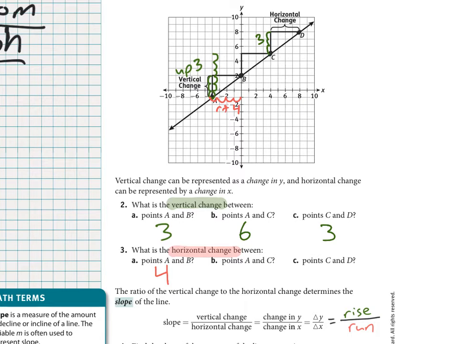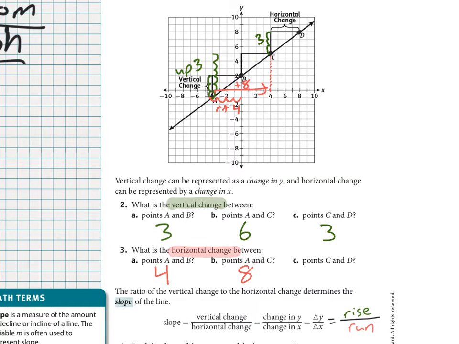All right, let's do the next run. From A all the way to C. The X value here for C is 4. So how do you get from negative 4 all the way to positive 4? You have to go to the right 8. So a positive 8 there.